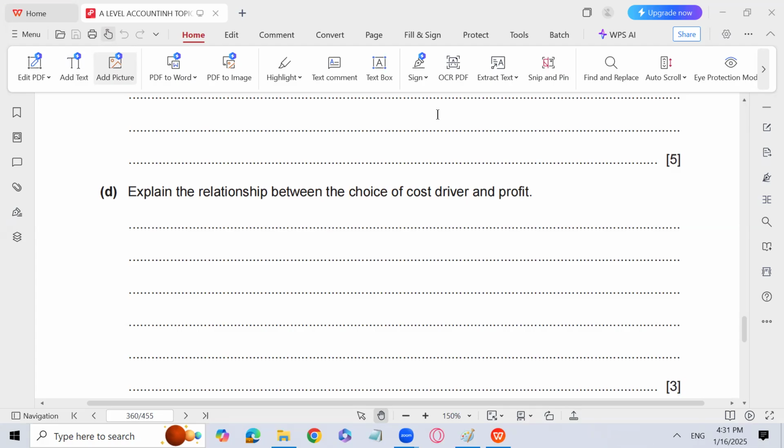There is no effect on the total cost. Total cost will remain the same because only the apportionment will change. With the use of the cost driver, only the apportionment will change because the overheads are allocated according to the activities, according to the cost drivers you have adopted. So it might be possible that overheads will move more towards a particular product and less towards another product according to the choice of the cost driver.